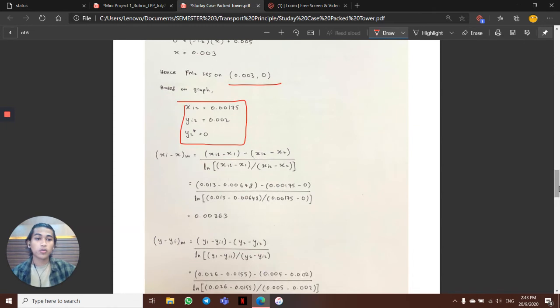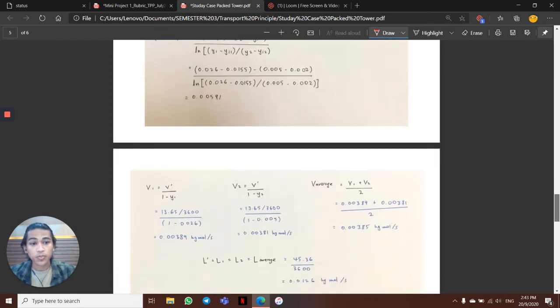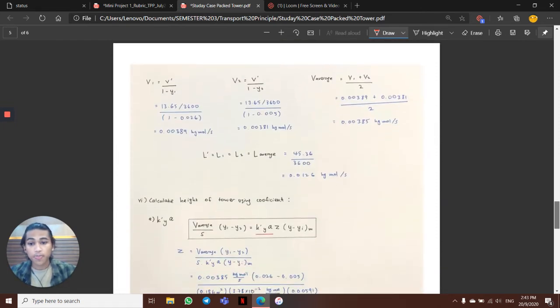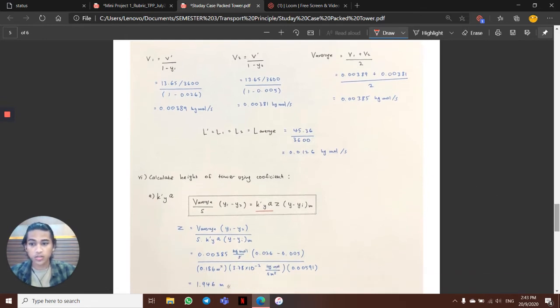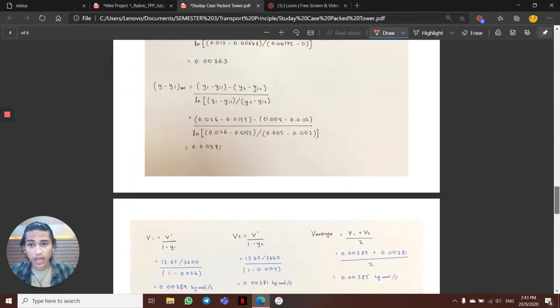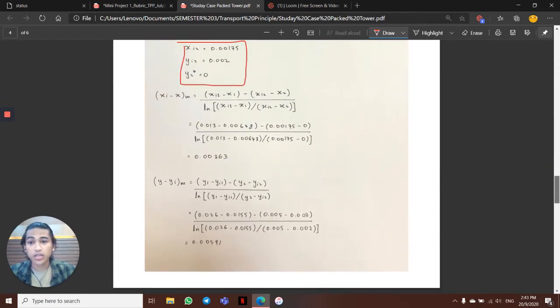What we are going to do now is we already have all the information to calculate the height of the tower. To calculate the height of the tower, we must use this formula for the respective coefficient, and in that formula it includes xi minus x in bracket m. So we have to find this one first.